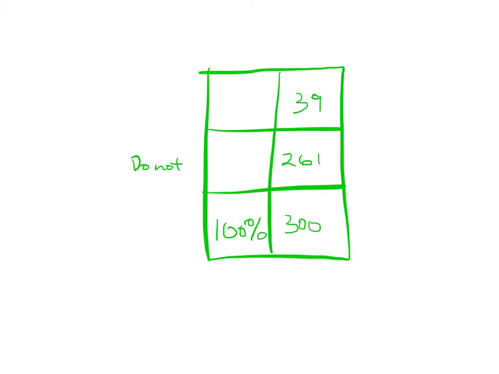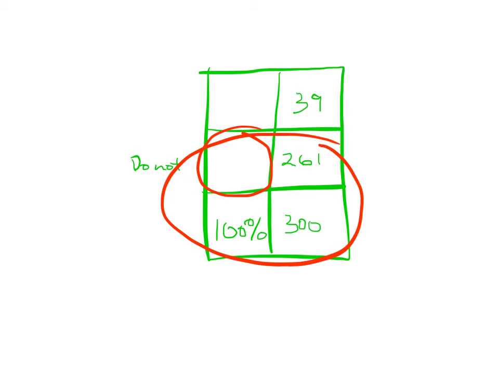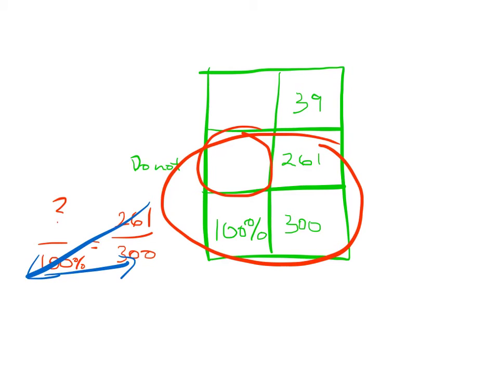So I want to know what percent do not carpool. That means I'm looking for this number right here, and I've got these three other numbers here to make a proportion. So I'll have question mark over 100% equals 261 over 300. Okay. Again, I can cross multiply, or diagonally multiply, and then divide. So 261 times 100, that'll be... hang on. They want to know what percent of the people carpool.